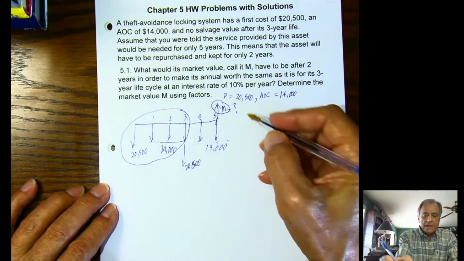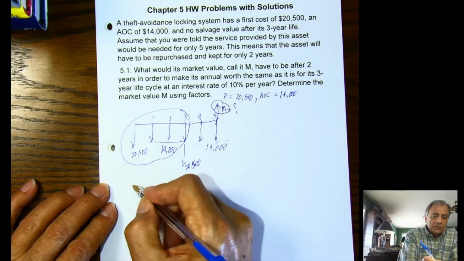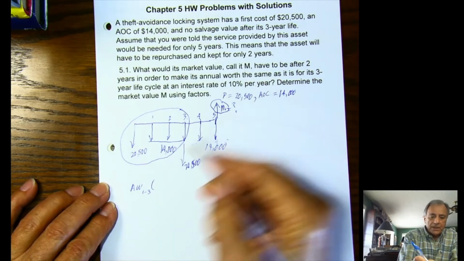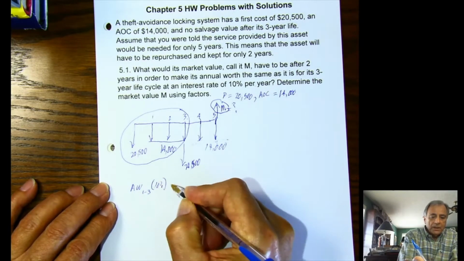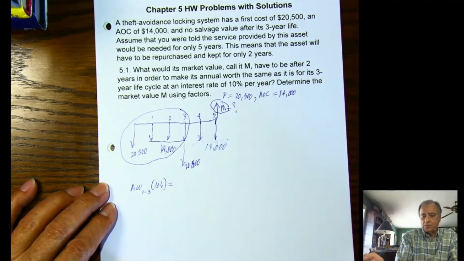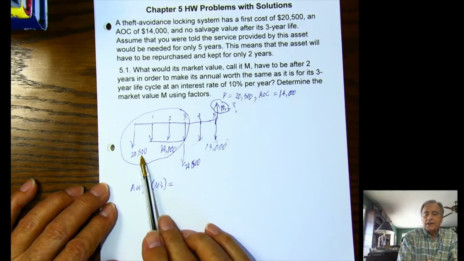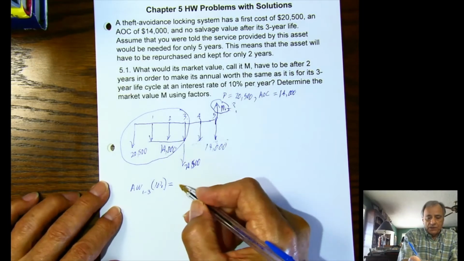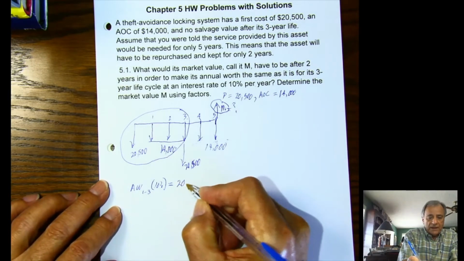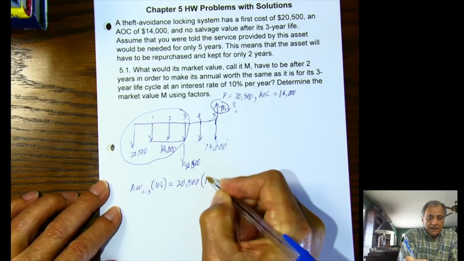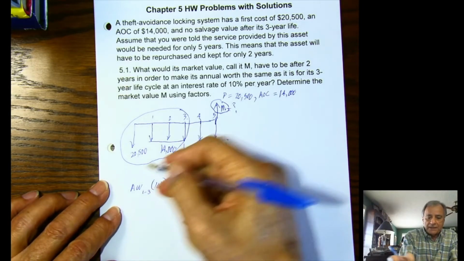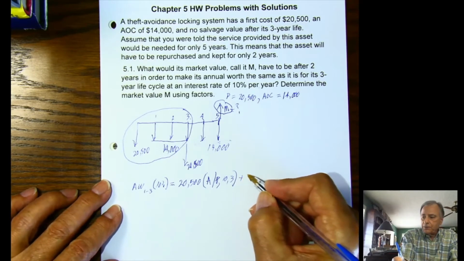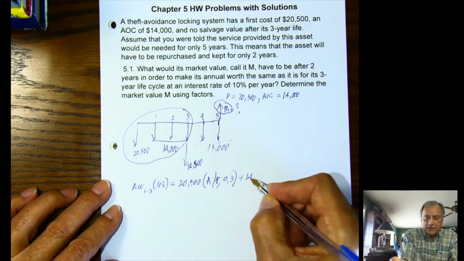So I'm going to say the annual worth of years 1 through 3 at 10% is equal to, and this is pretty straightforward, you have a present value of 20,500 and then you have an annual series. So this will be 20,500 (A/P, 10%, 3) plus $1,400, knowing that all of these numbers are negative.